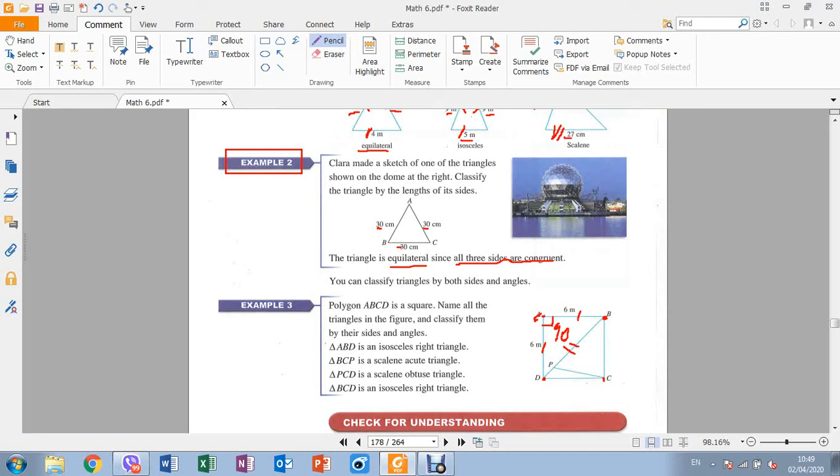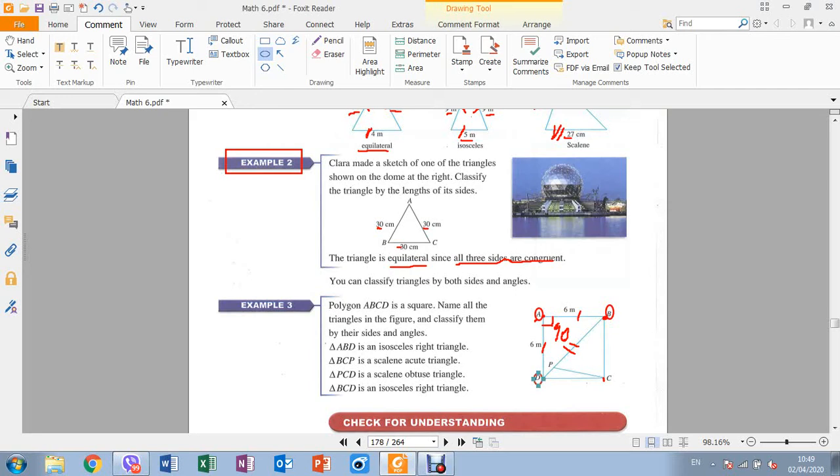Look, triangle ABD is isosceles. Why? Because it has two congruent sides and a right angle, a right triangle.